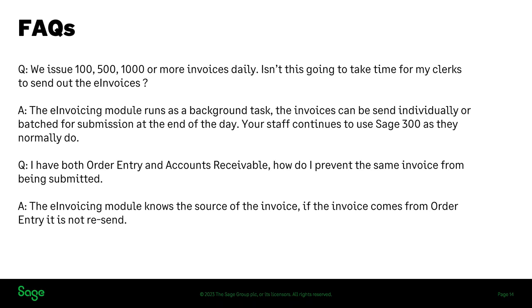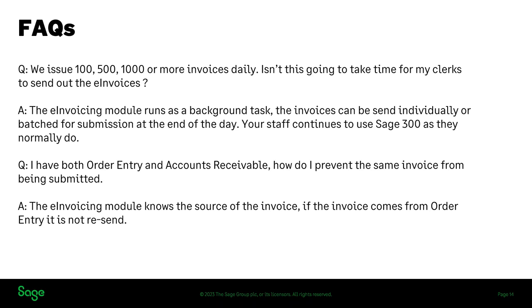Once the EI module submits an invoice, it's not going to let you resubmit it. It keeps track of what gets submitted and what gets a return code from LHDN for validity. Many of our customers have both order entry and accounts receivable, and one concern that comes up is that the order entry invoice flows into accounts receivable. Well, how do we make sure that doesn't get submitted twice?